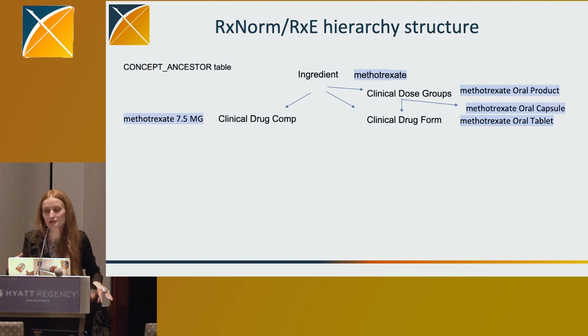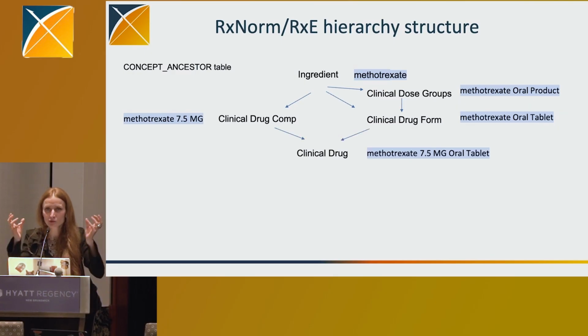For some reason, for instance, you would like to get all oral products, capsules, tablets, extended release, delayed release, and if you select these groups, you will get all these dose forms, like clinical drug forms. So we have these two branches. Then they merge into clinical drug.